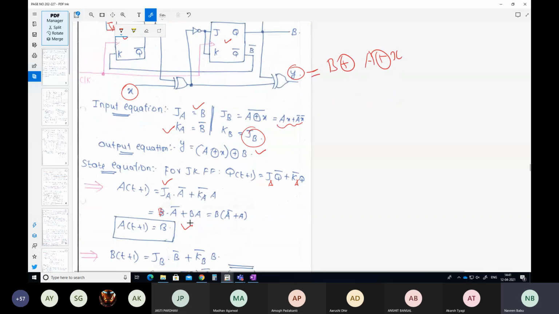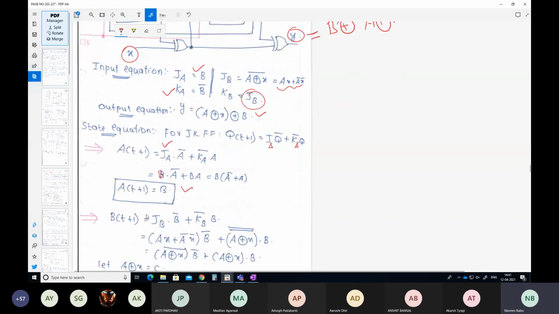Okay. Now, similarly, you get the state equation for B of t plus 1. B of t plus 1, we know that this is the characteristic equation JB dot B bar plus KB bar into B. And what is this JB from the input equation? It is AX plus A bar X bar. AX plus A bar X bar dot B bar. And then KB bar is replaced with AX plus A bar X bar, the whole bar, or A XOR X, right?